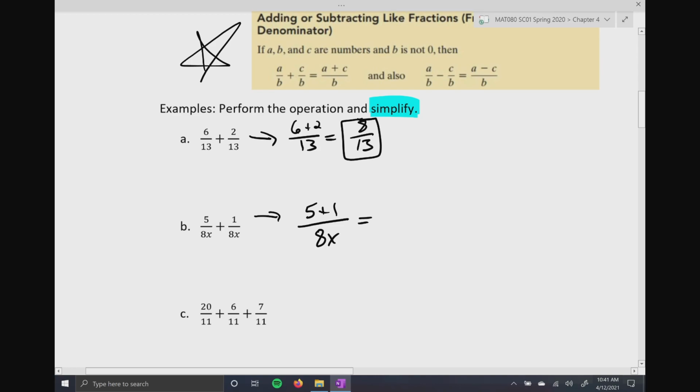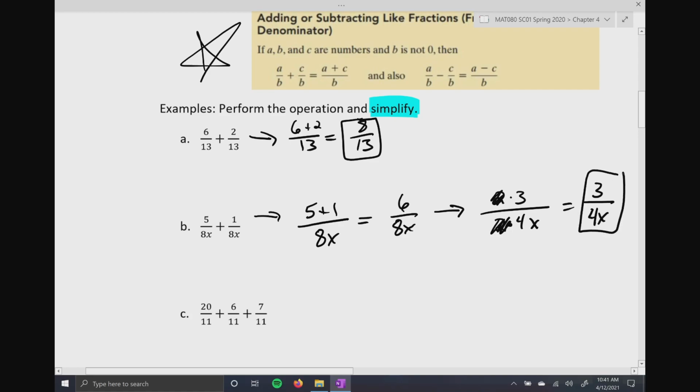I know 5 plus 1 is 6 over 8x. And like I said, you always want to make sure your answer is reduced. 6 is 2 times 3. 8 is 2 times 4 times x. I can see that the 2's reduce, to give me 3 over 4x.